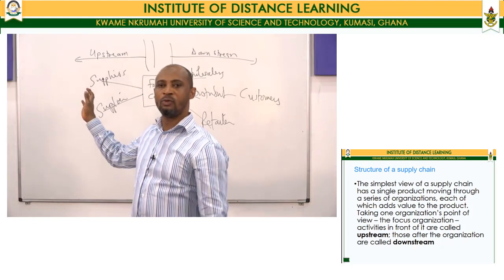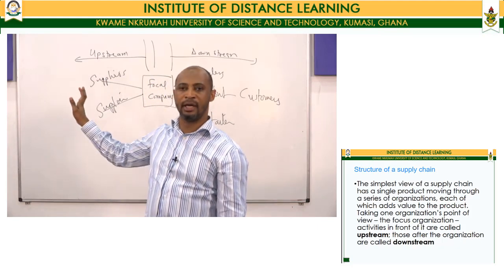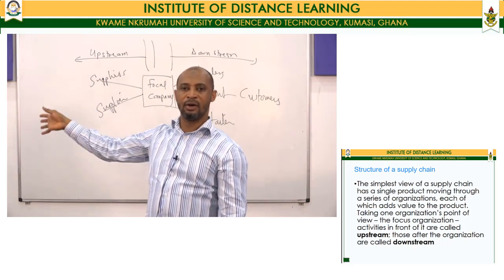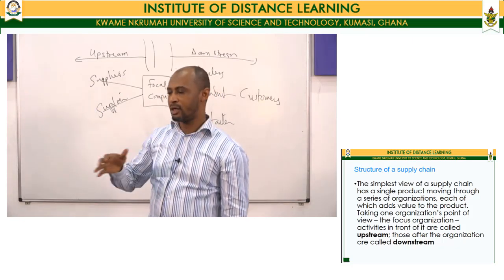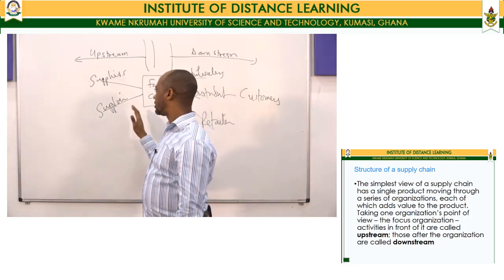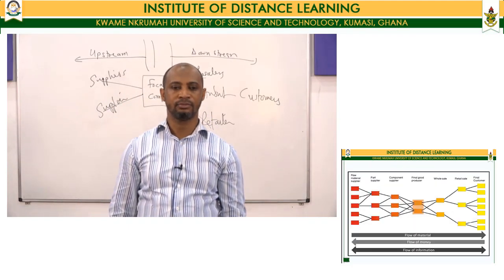When we talk about who are those in the upstream, then we are talking about suppliers of different kinds. Tier 1, Tier 2, Tier 3. Remember, the tiers start from the manufacturer or the focal organization.